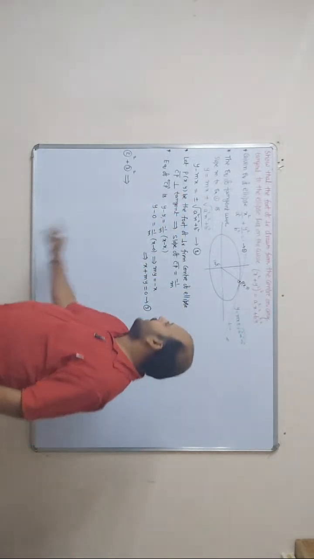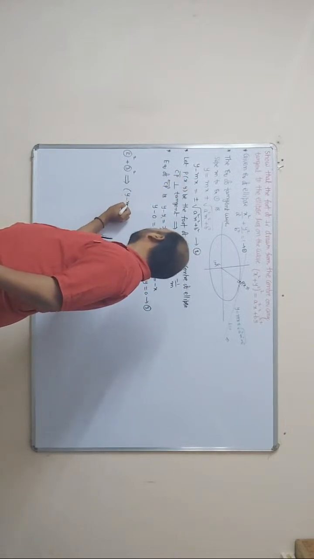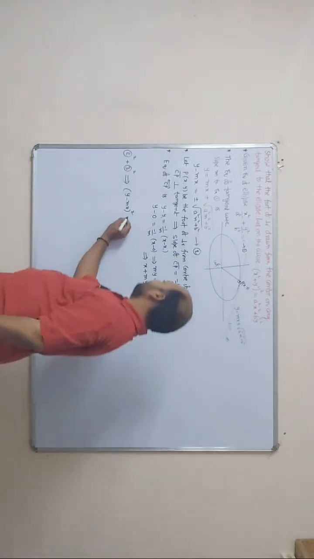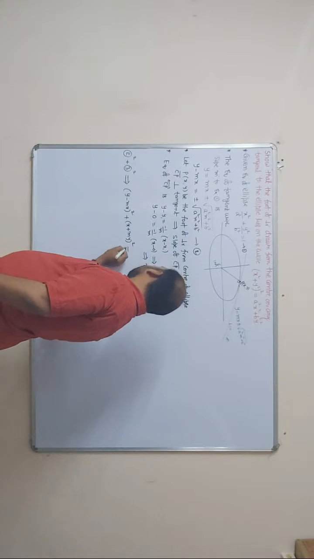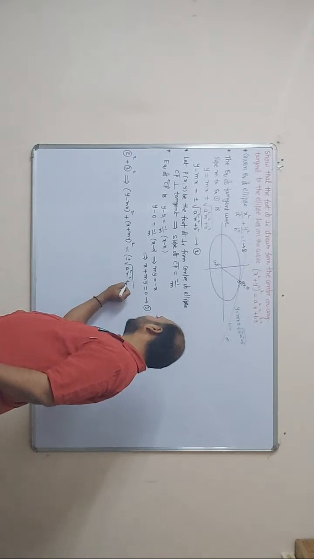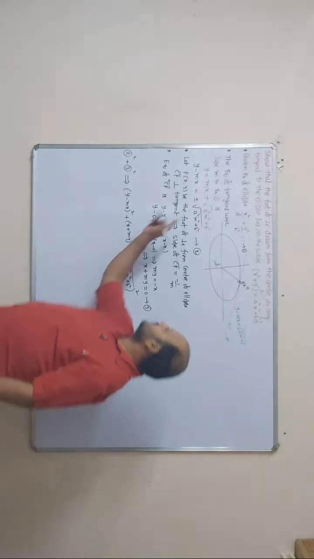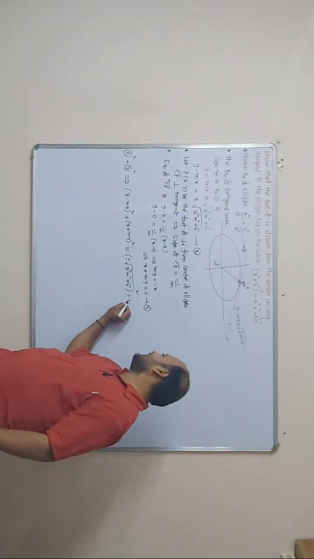So squaring: y minus mx whole square on this side, and x plus my whole square, is equal to this side also squared now: plus or minus root of a square m square plus b square, whole square.